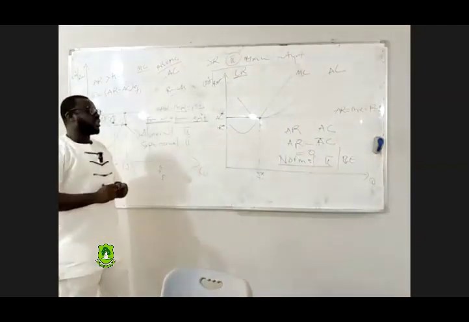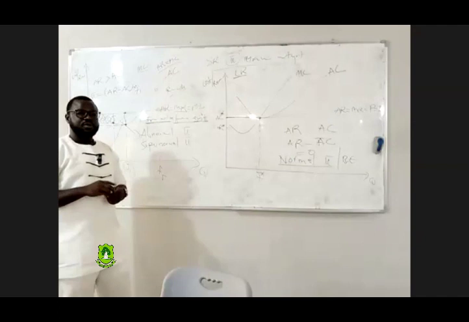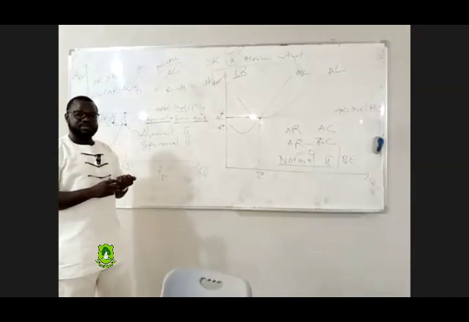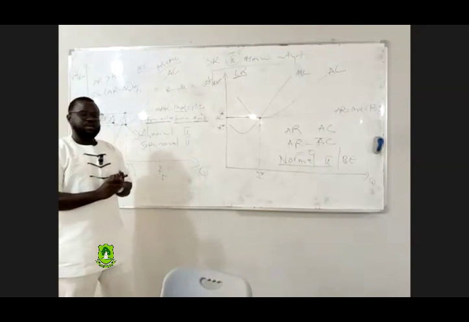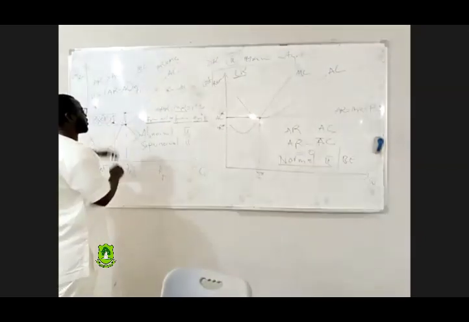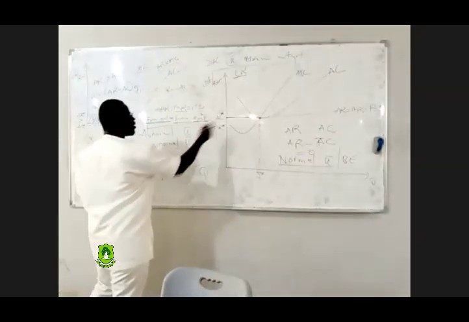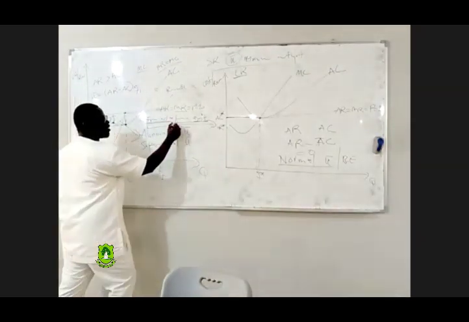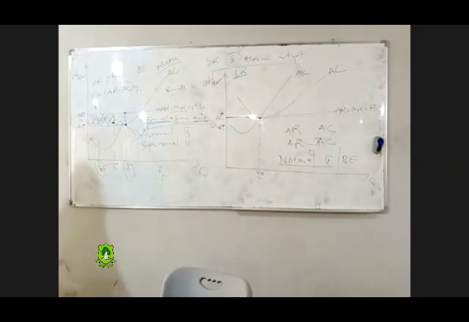If I ask you to illustrate using diagrams why firms make normal profits in the long run, it is just this one, and then this one. And the explanation is just free entry and free exit.